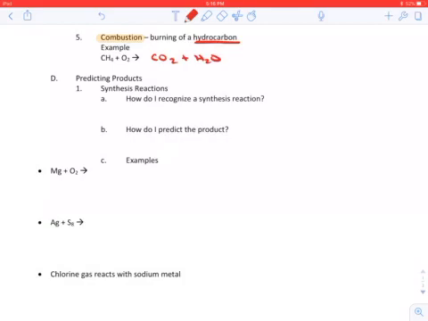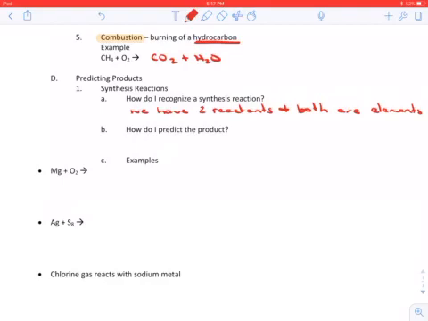So let's move into the meat of the notes today, predicting products. We're going to just start with the 2 easiest ones. So a synthesis reaction, how do we predict the products for a synthesis reaction? The first thing that we need to do is identify it's a synthesis reaction. We identify it because we have 2 reactants and both are elements, single elements.